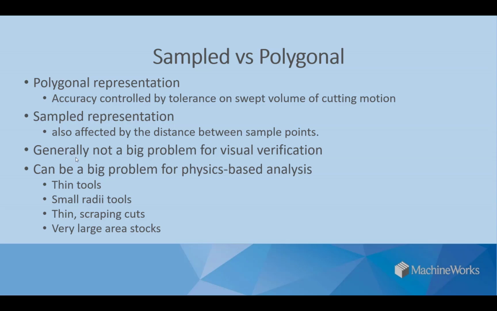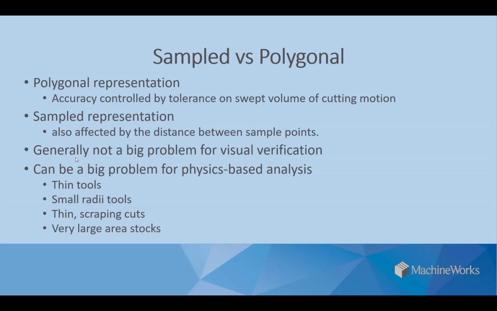Generally, if you're just doing visual verification and you want to catch clashes and things like that, and your tolerances are relatively loose, then it's not a big problem. It's a good system, it works well. But if you want very, very accurate results, specifically for physics-based analysis, and you're working with thin tools or tools with small radii, like I've just described, or very thin, almost scraping cuts, you might have very highly accurate cuts.